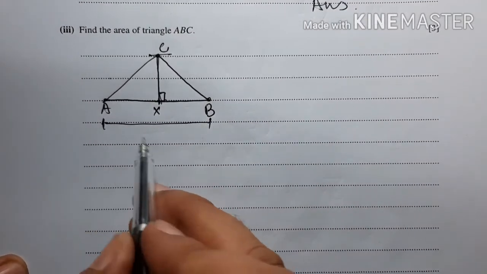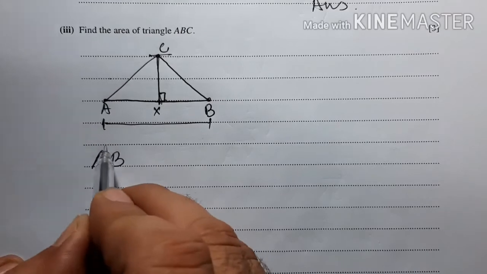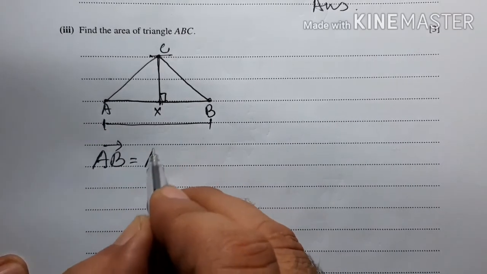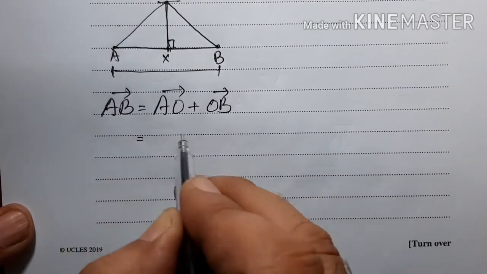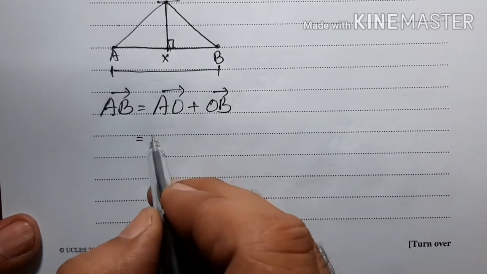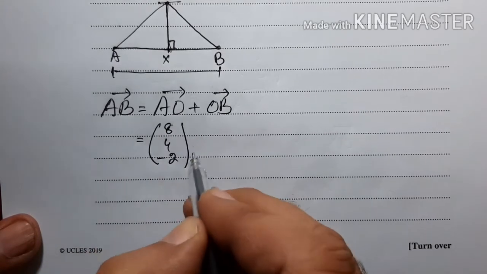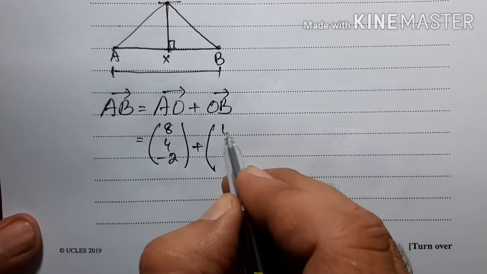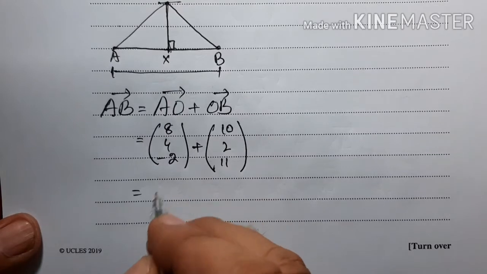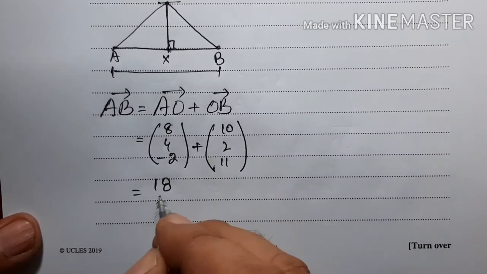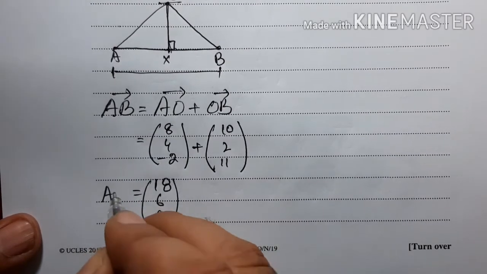First of all, I'll find AB. AB is again AO plus OB, where AO is the opposite of OA from part 1. You can check, it is 8, 4, minus 2, and OB is 10, 2, 11. After addition it will be 18, 6, 9. This is my AB.